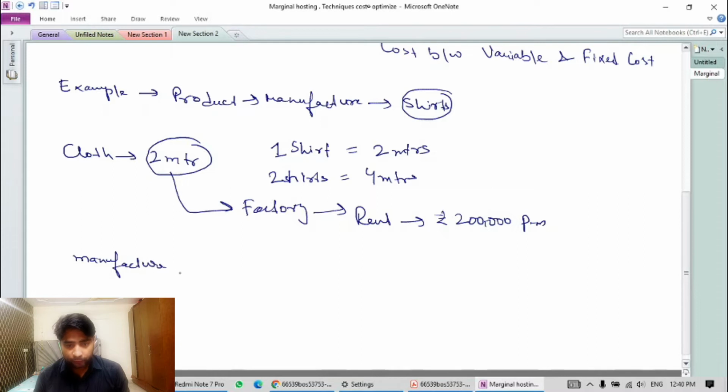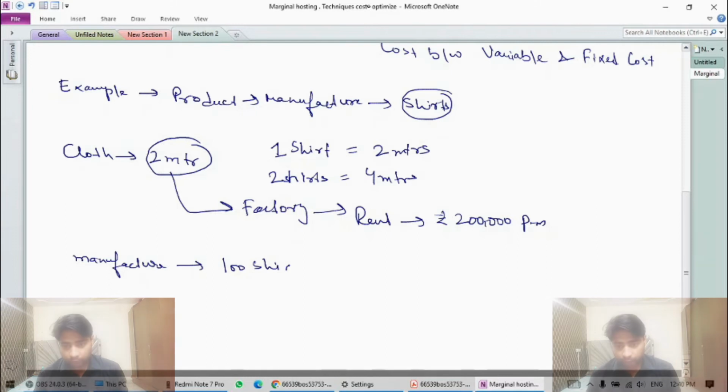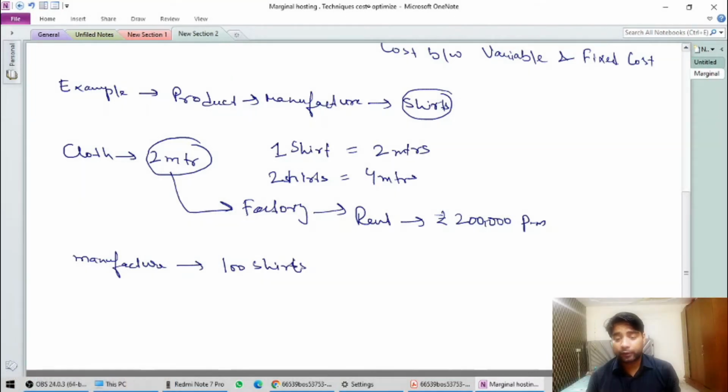If I want to manufacture 100 shirts, for manufacturing one shirt we need 2 meters. So what is the cost of 1 meter of cloth?